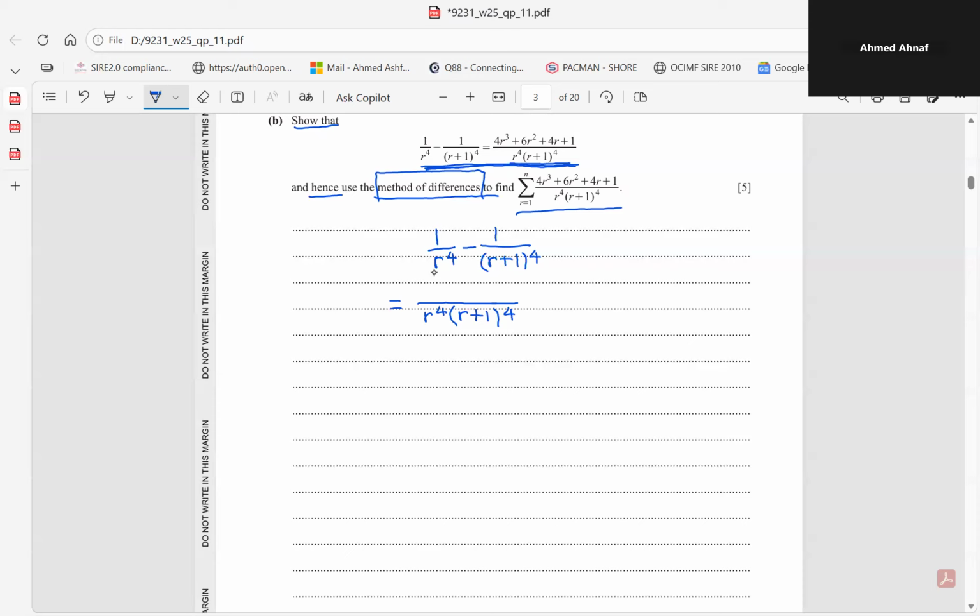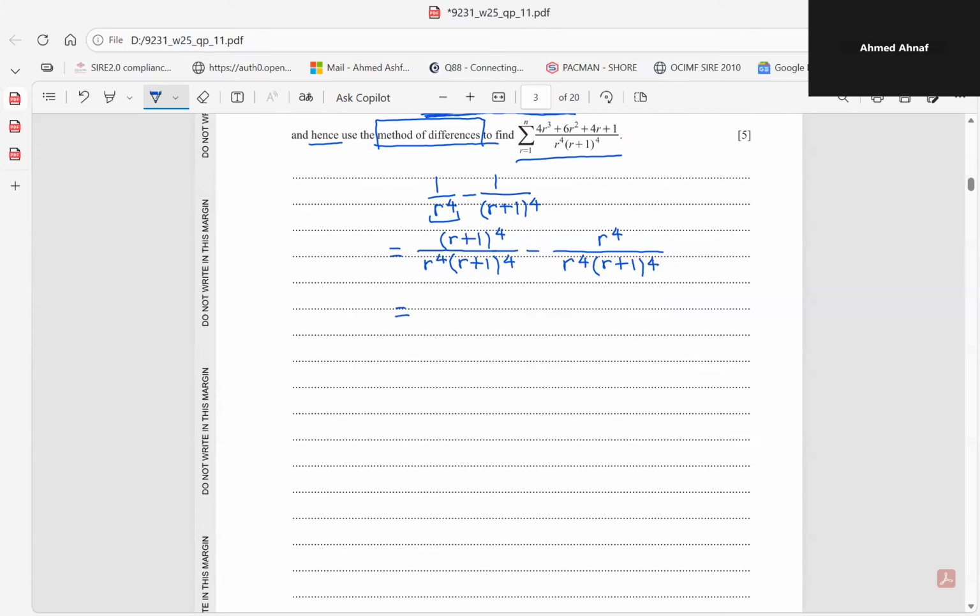For this first fraction, the numerator would just be r plus 1 to the power 4. Minus the second one, the numerator is also the same, r to the power 4 times r plus 1 to the power 4, and for this, you multiply r to the power 4. So here, the numerator will be r to the power 4. And now we're going to combine them together since they have the same denominator.